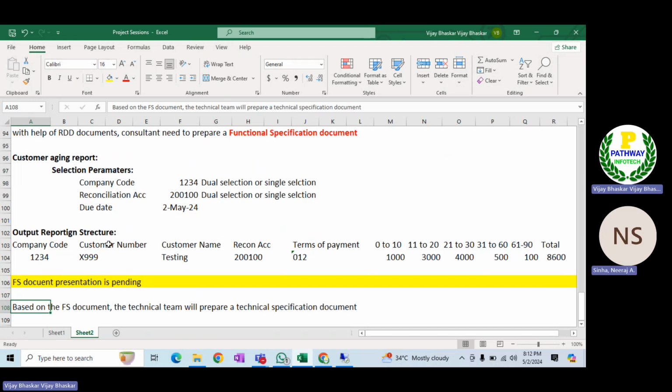A standard report already exists, but it is not matching what the client wants, so the client is not agreeing. That is why we go with the enhancement or customization, with a new report. Is that clear? Yeah, clear, sir.